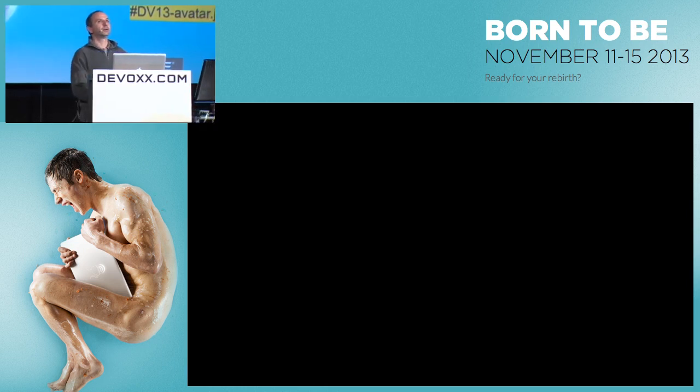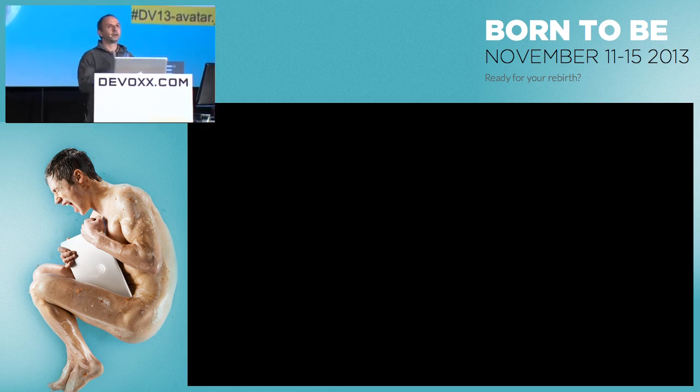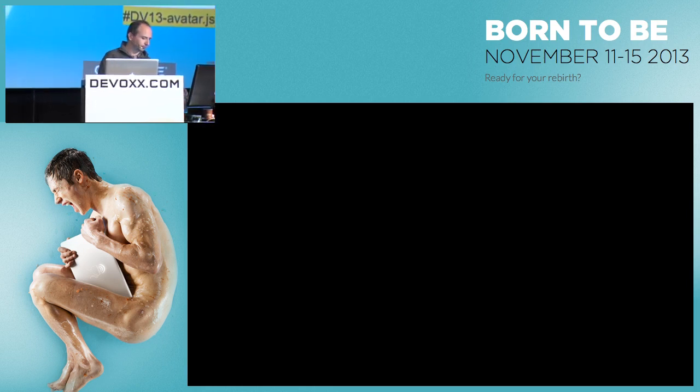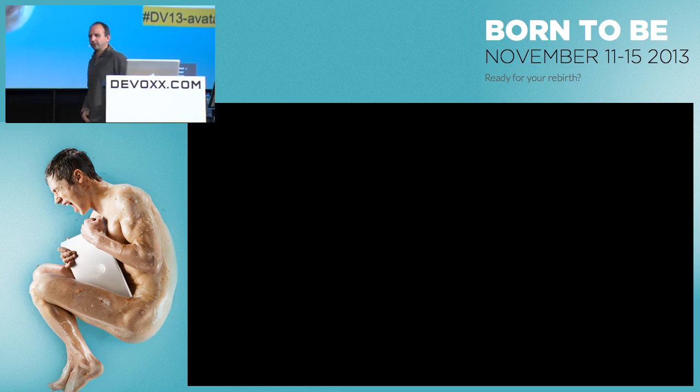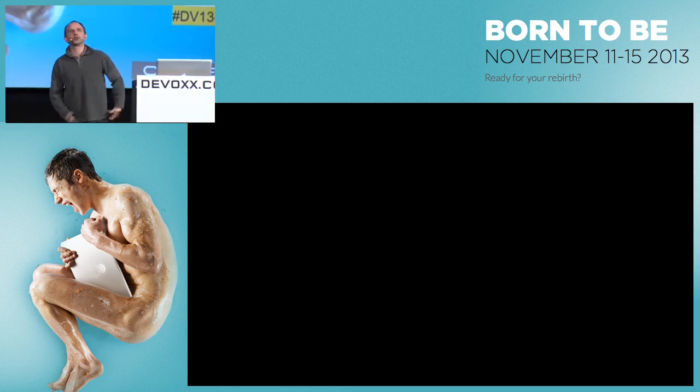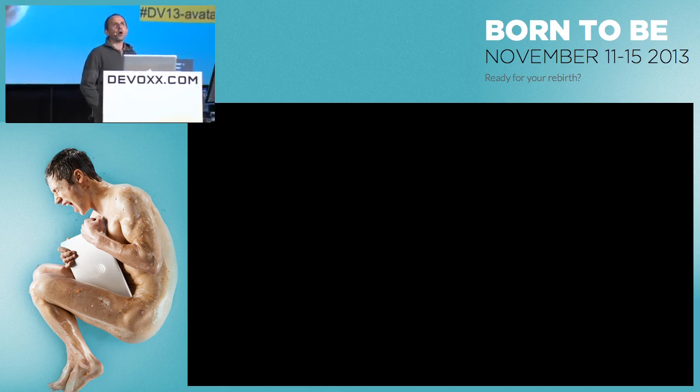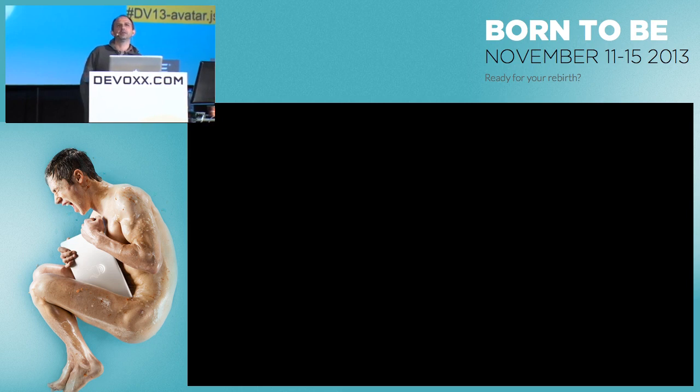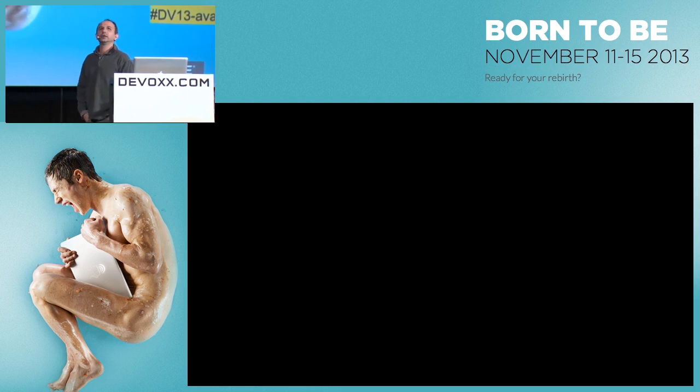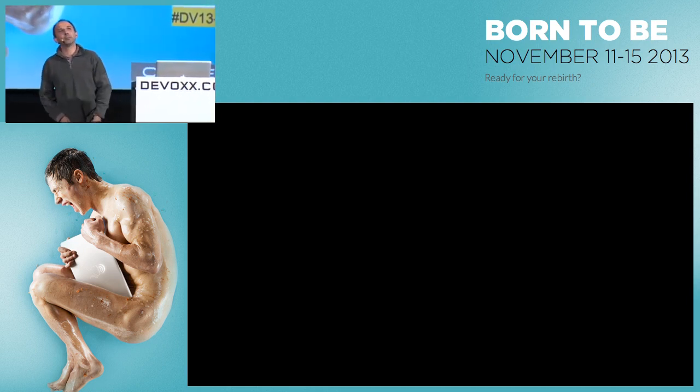How did you make JDBC asynchronous? So the question is, how did we make JDBC asynchronous? We are using a dedicated thread, a background thread, in which we are offloading.